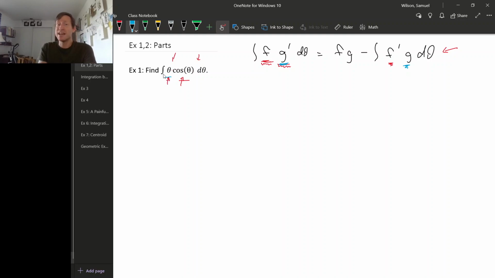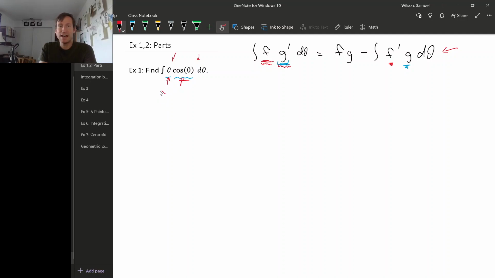If we differentiate theta, it turns into 1, and that's simpler. So theta we would prefer to differentiate. That means cosine would be g prime, and integrating cosine doesn't make it any more complicated. So that seems like the right way to go.